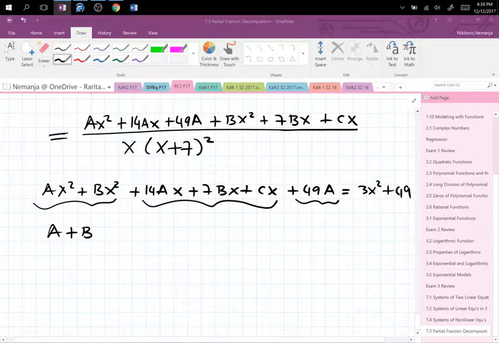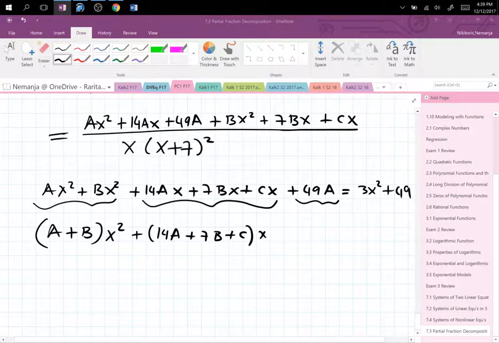So (a plus b) times x squared plus (14a plus 7b plus c) times x plus 49a is equal to 3x squared plus 0x plus 49. I want to put that 0x there so I have something for the middle.